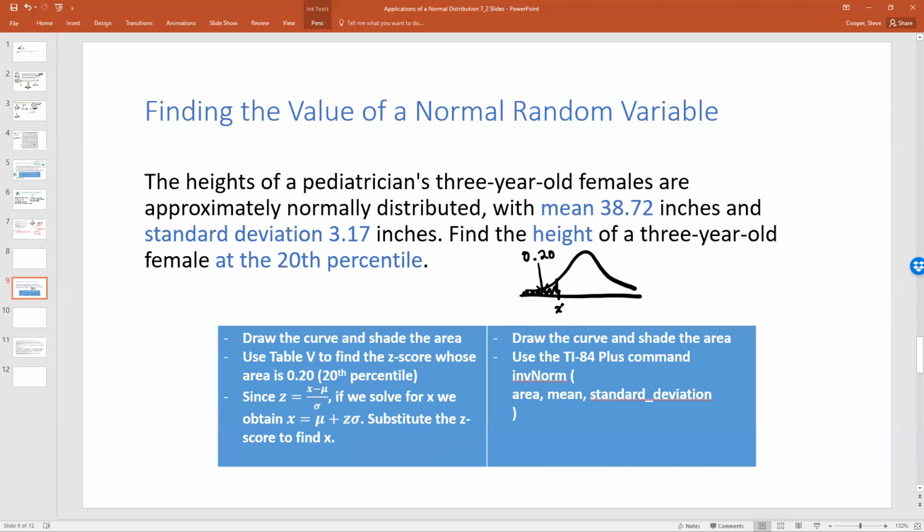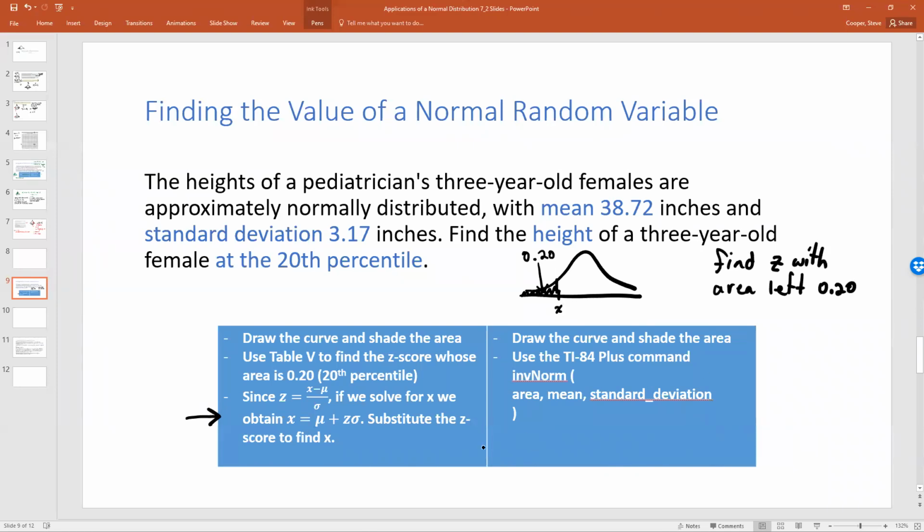What we're really after is the X. If Z equals X minus mu over sigma, that's how we calculated Z. Well, we can solve this for X and get the X from a Z. We've already got mu and sigma, so we need to find a Z where the area to the left is 0.20.